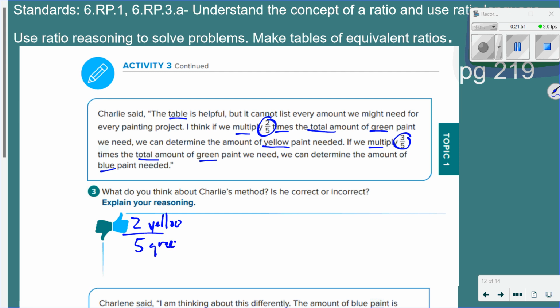If I'm always multiplying any number by that, I'm going to get equivalent ratios, right? If I'm multiplying both by 10, that's going to be 20 and 50. Is that equivalent? Yeah? If I'm multiplying both by 5, that's going to get me 10 and 25. Is that equivalent? So will that always work? Yes. He just used a part to whole ratio.